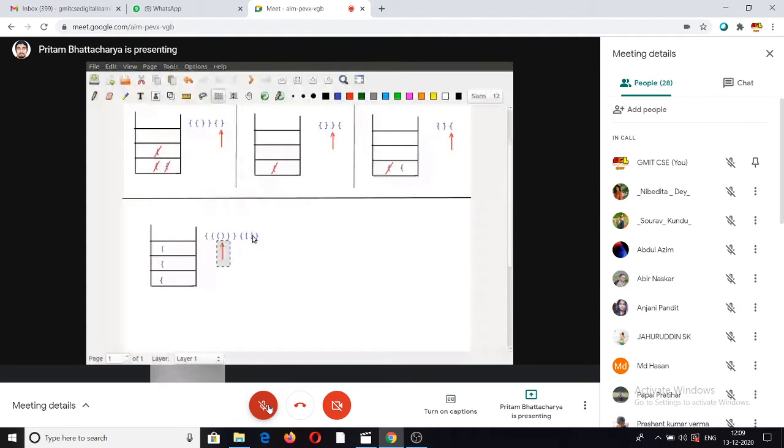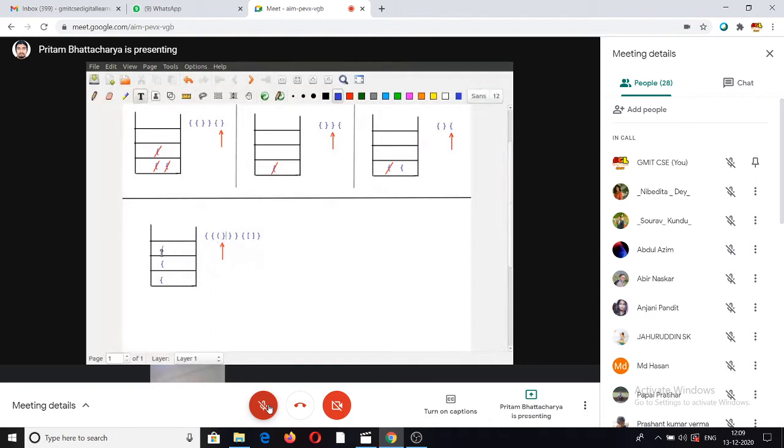At this point, you need to see whether the top of the stack has an opening parenthesis of the same kind. Like here you have a closing first bracket, so it is fine only if the top is an opening first bracket. Otherwise, for example a closing second bracket, you would have thrown an error.